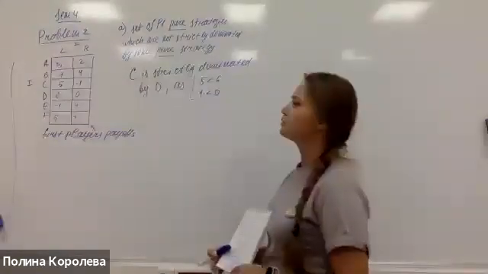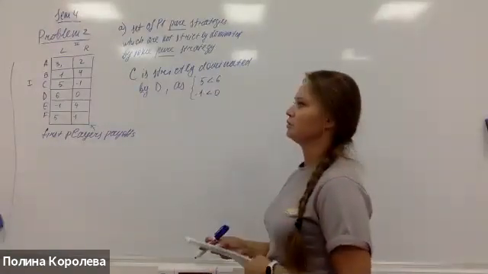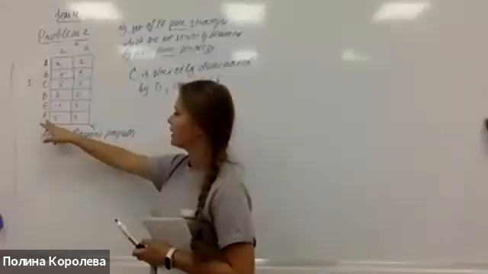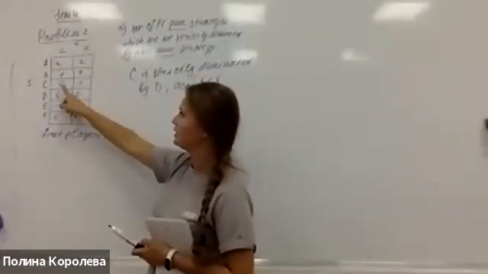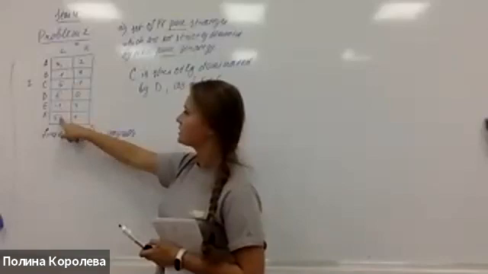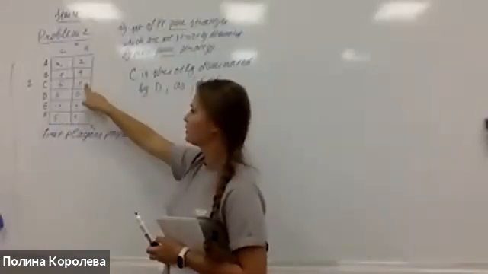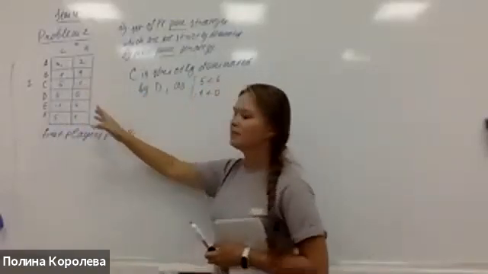What can you tell me about weak dominance? Which strategy is weakly dominated by which strategy? C is weakly dominated by F, because only in one case it is. Yes, C is weakly dominated by F because, you see, if left, 5 is equal to 5, if right, -1 is less than 1.